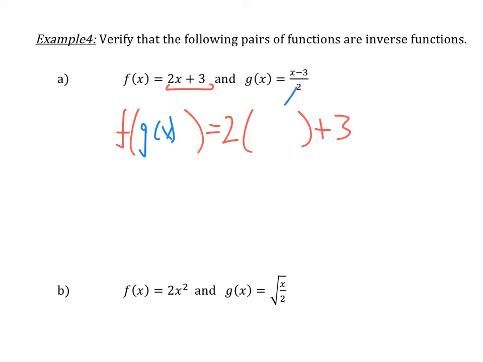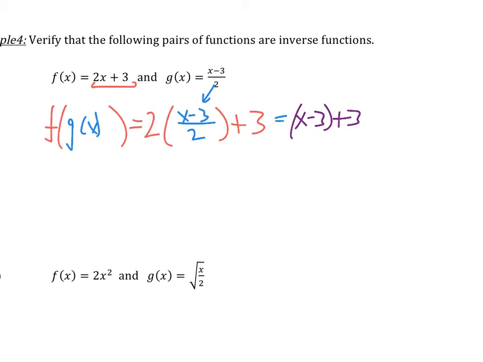Okay, now let's put g of x inside of there, x minus 3/2. Now let's do the arithmetic. So we have 2 times x minus 3/2. Well, that is just x minus 3. And then we have the plus 3. But the minus 3 plus 3 cancel, and this is just x. And that's good. That's what we're hoping for.